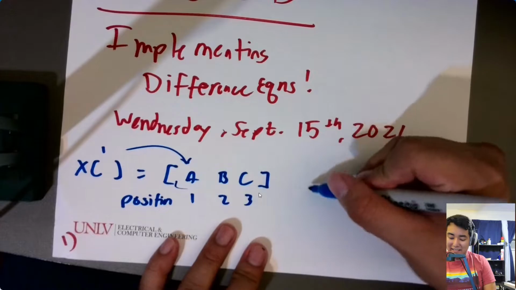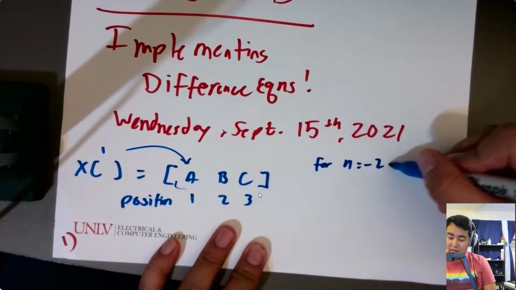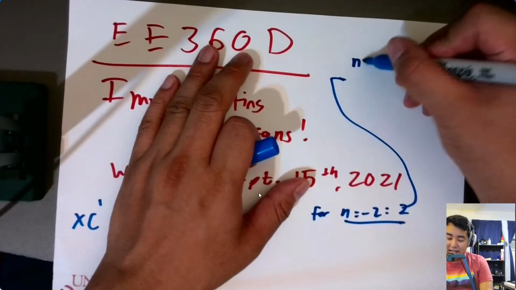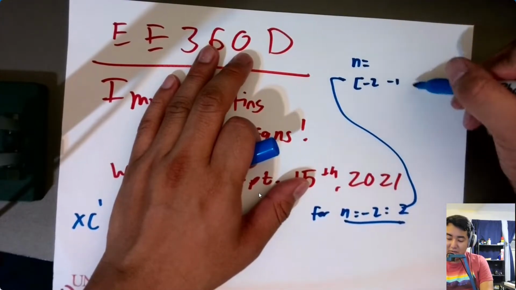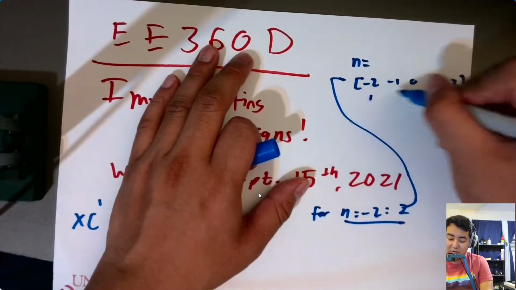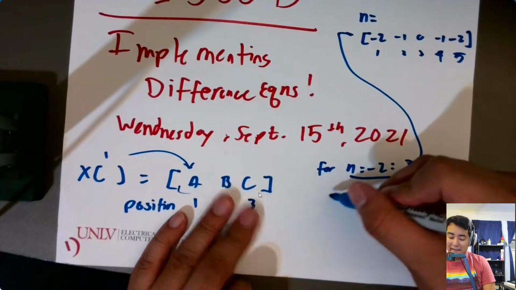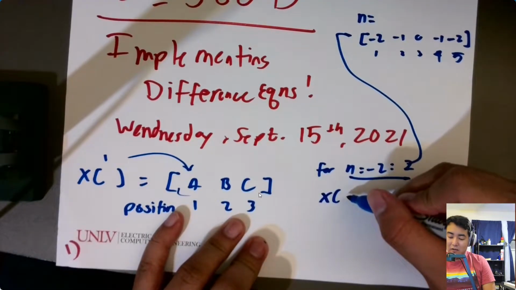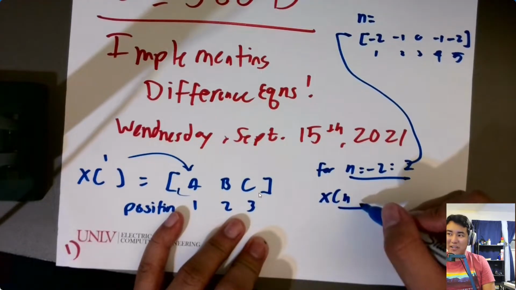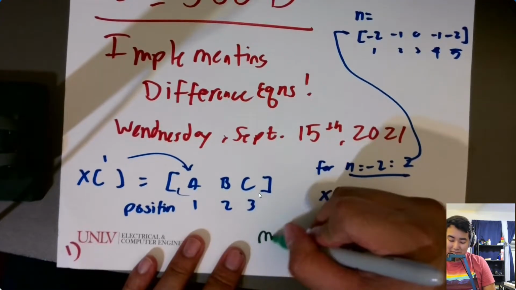So when it's asking for n is equal to -2 to 2, this right here just declares n is equal to -2, -1, 0, 1, 2, right? So here's position 1, 2, 3, 4, 5. 5 elements. And then x of n. So how do we make this one 1? We want this one to be 1. So your objective is to make this 1.